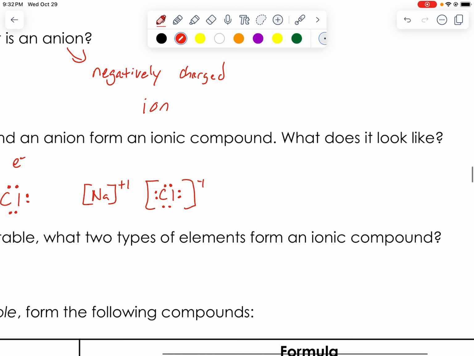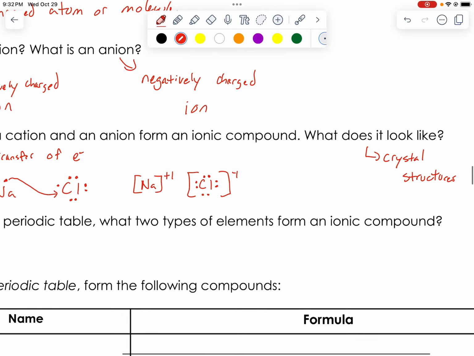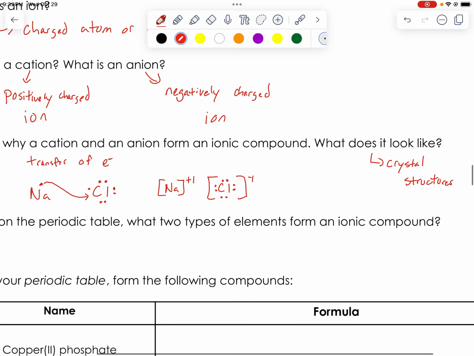These guys form crystal structures, similar to what you saw in the potassium alum lab, where you looked at table salt and the alum that you made, and it made these very patterned crystals. So that's usually how ionic compounds form. All of them have different crystal patterns just based on what charges are combining.